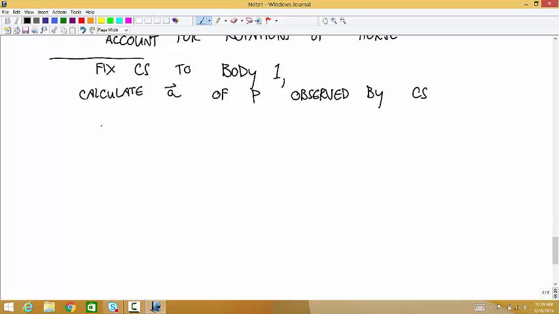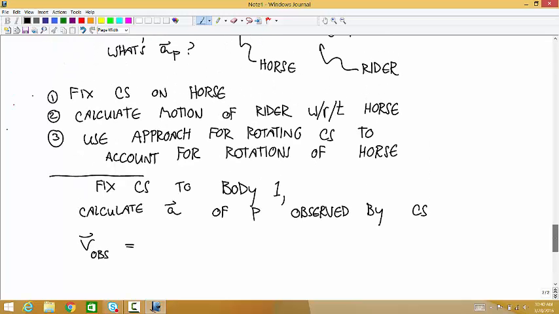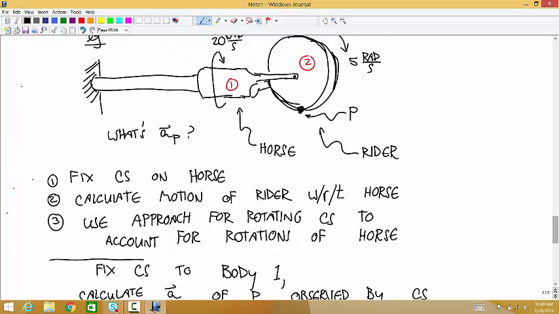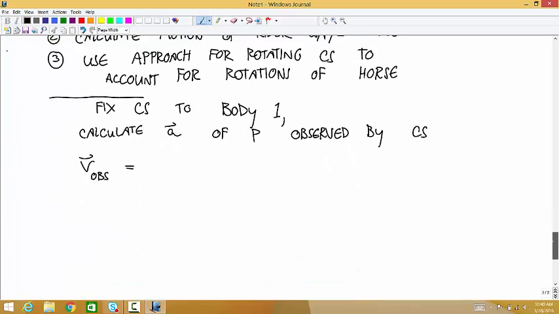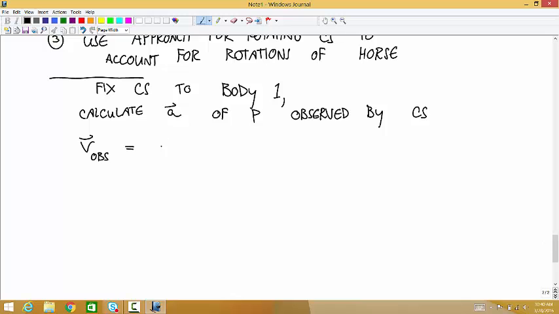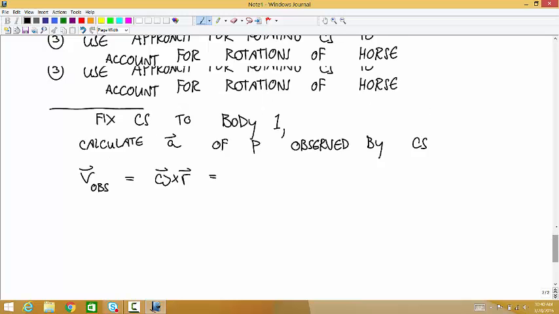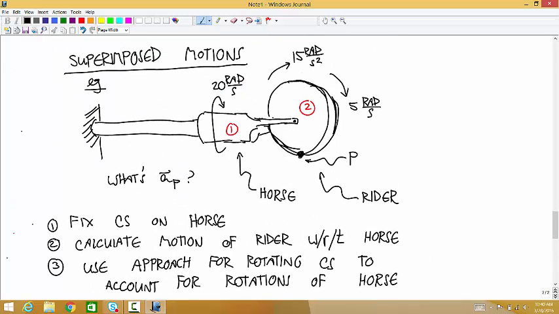Okay, so what's the observed velocity of that point P? That's just a circular motion, so it's going to be omega cross r. What's omega for this disk?